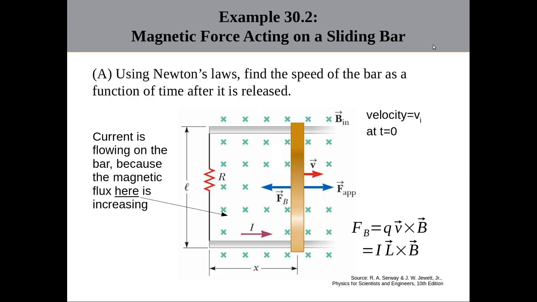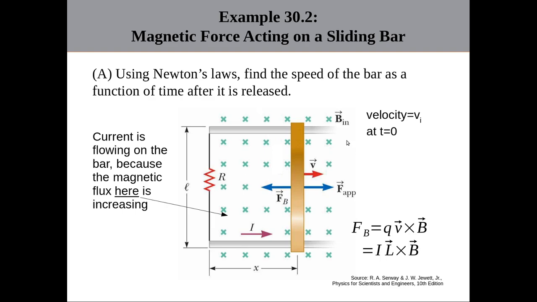So here is a bar, and the bar is rolling on two wires. Here are two wires, and the current is flowing on the wire, and here's another wire which is connected to a resistor.